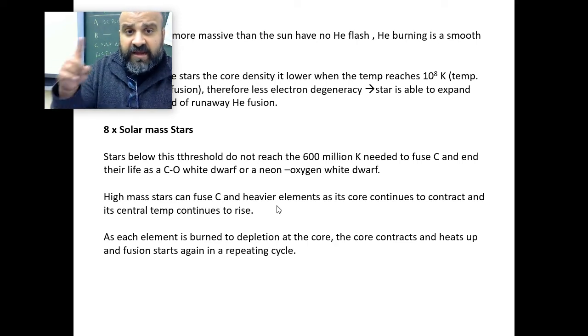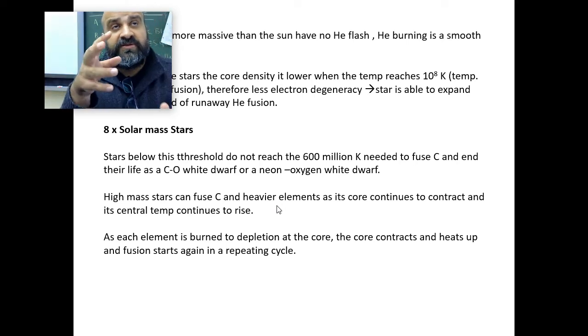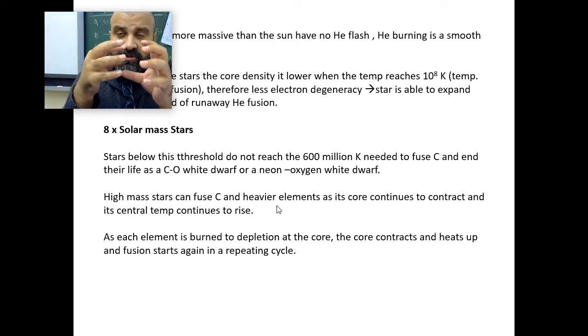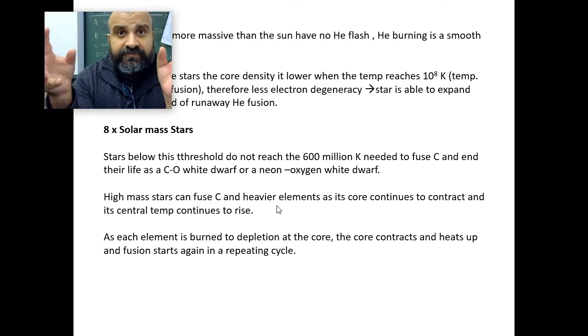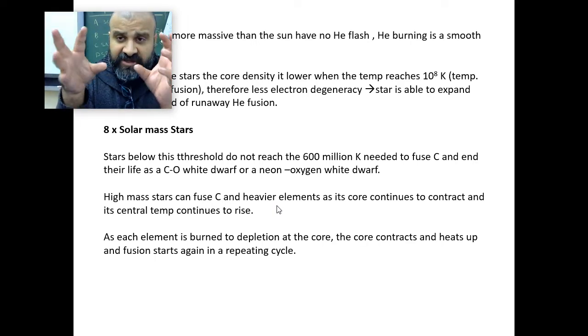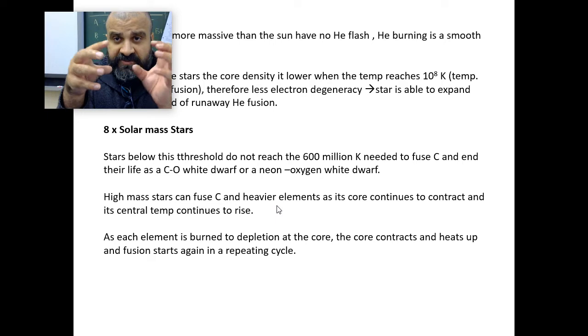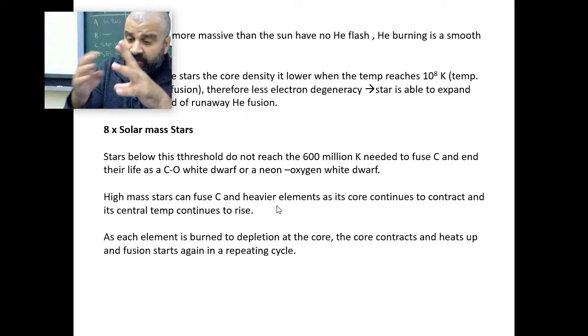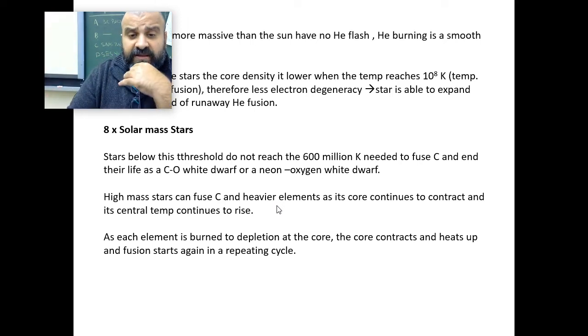So you create layers of shells. Remember in this regular star, we had the hydrogen core, right? And then it's fused all the hydrogen into helium. Then the helium started to collapse, and we had hydrogen burning around the edge. You're getting layers and layers of elements.